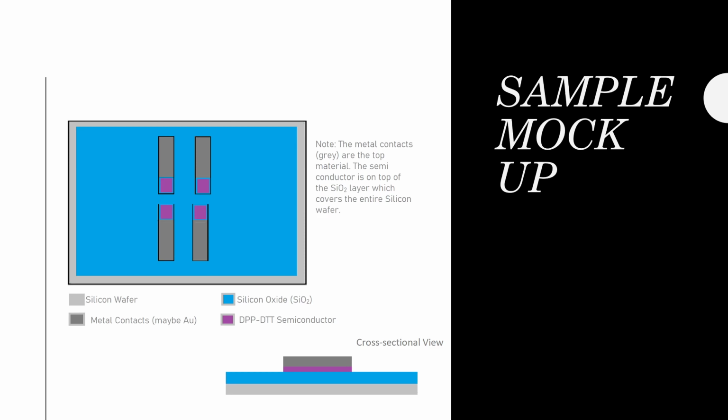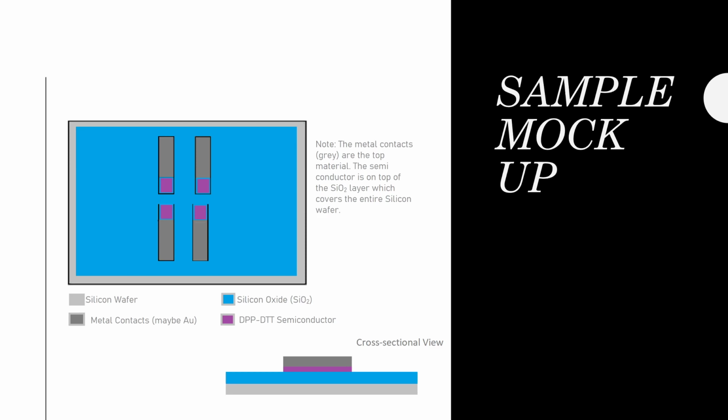This is a mock-up of the sample that we were planning to make for this semester for the CV measurements. The layer colored light gray is the silicon wafer layer. The blue layer is the dielectric, which is coated completely over the silicon layer. That's how the silicon wafers are brought to the laboratory.